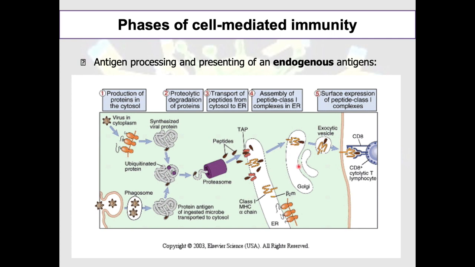From the Golgi apparatus, it will be transported up to the surface of the cell by exocytotic vesicles. Exo means transport out. When it is presented on the surface of the cells, it will be recognized by cytotoxic T lymphocytes or natural killer T cells, along with CD8.